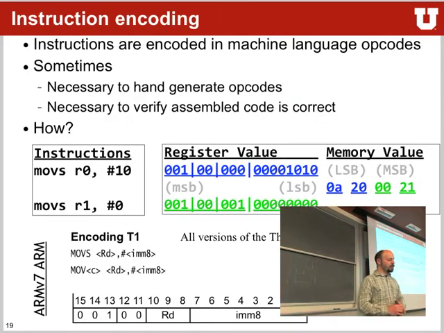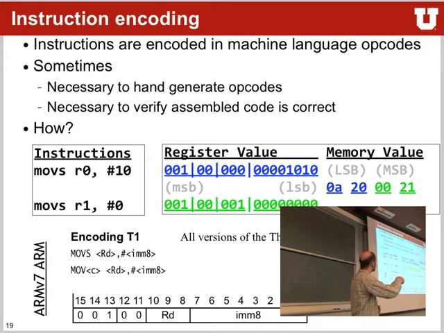We looked at this a little bit last time, but I want to show you again how opcodes are actually generated. Let's take these two instructions: a move of R0, 10 and a move of R1, 0. If you look at the encoding, it's very simple. We would see 0, 0, 1, that's our MOVS instruction, then the destination register and an 8-bit immediate.